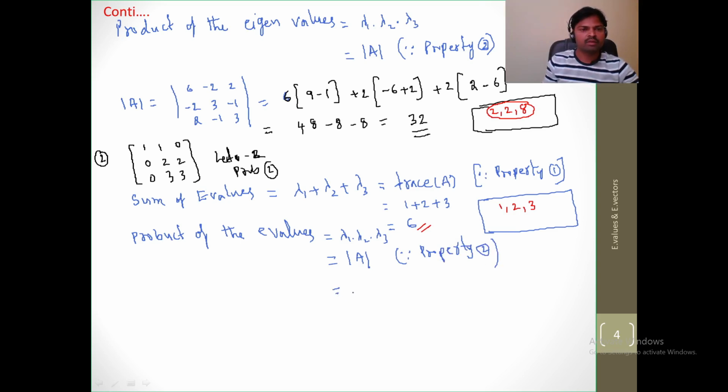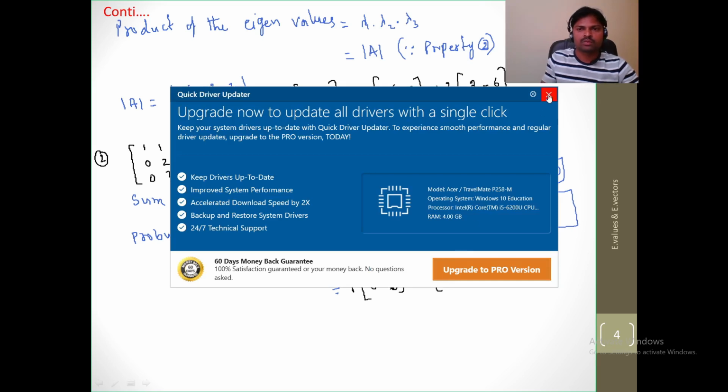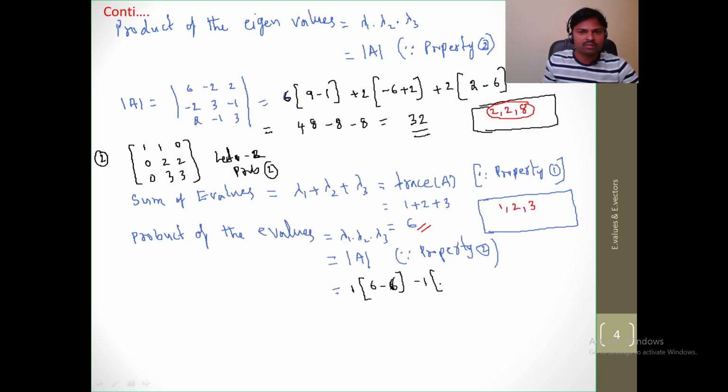And det A, the determinant of A, let us find the determinant of this matrix. Let us expand. So 1 into 3 to the 6 minus 3 to the 6, isn't it? Next, minus 1 into 0, so this will be 1 minus 1 into 0 minus 0.